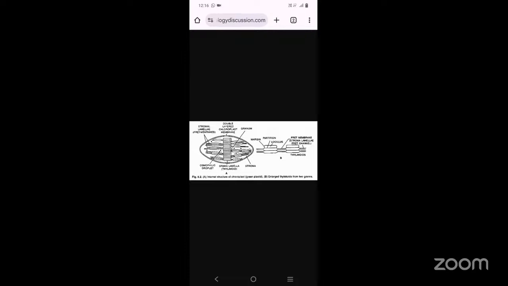Okay, so another topic is the Emerson red drop, or Emerson effect. In 1943, Emerson determined the quantum yield of photosynthesis in chlorophyll a by using monochromatic light of different wavelengths. The quantum yield dropped sharply for wavelengths greater than 680 millimicrons.